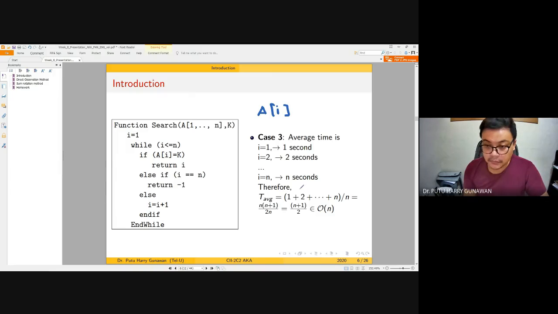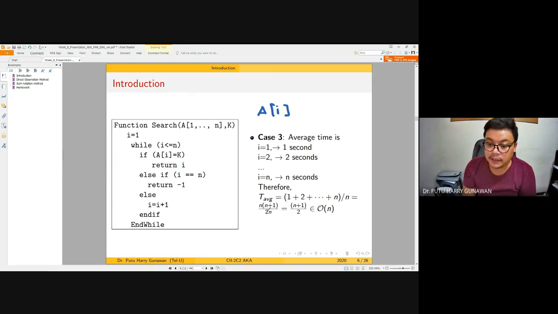So what we have here is 1, 2, 3, 4 until n. Then we need to get the average. So what is the average? The average is 1 plus 2 plus etc. plus n, divided by n.